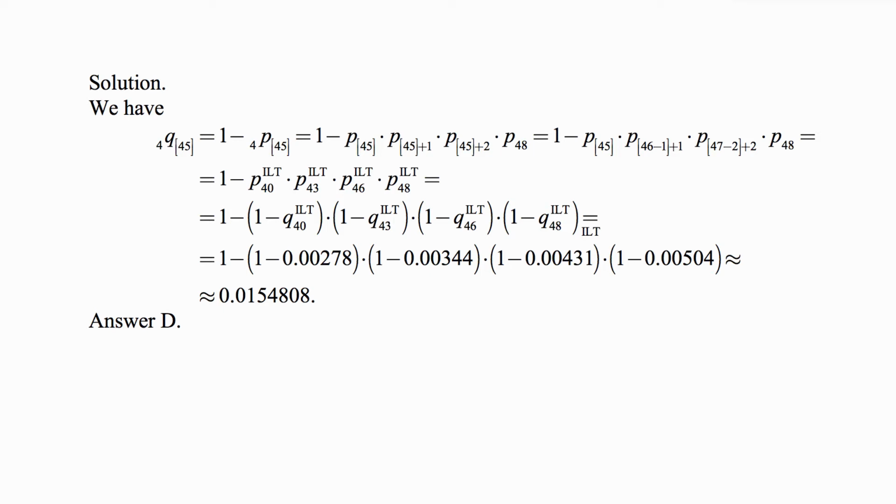But the simplest thing to do is to look up the probability of dying within a year, which is in the table, and we write each of these probabilities of survival as 1 minus the corresponding probability of dying over the next year. And all of those are in the table, so we look them up for age 40, 43, 46, and 48, plug it in, and do the calculation, and we get 0.0154808, approximately 0.0155, which is answer D.